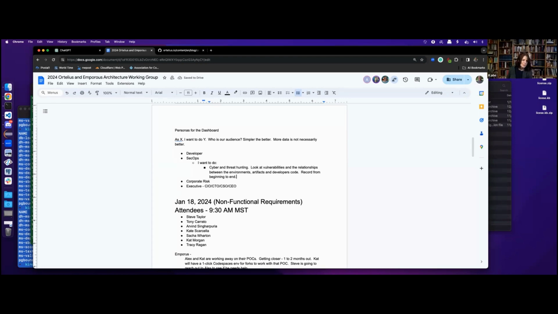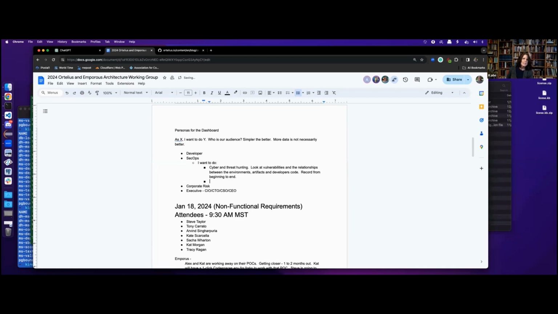And it's more for audit too. When you're doing an audit, the question is, when did this vulnerability appear? How far back does it go? They want to see the whole record. I'm not saying that we want the dashboard for an audit reason, but it's helpful.